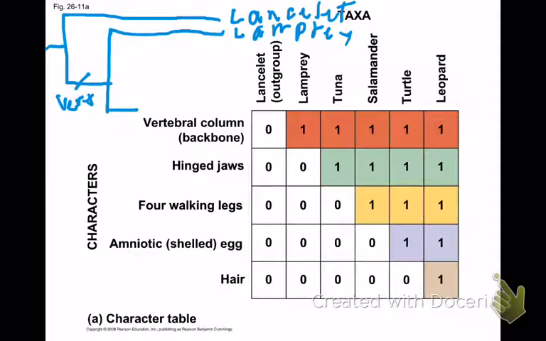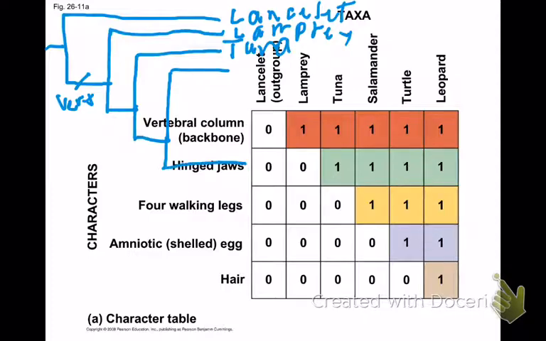The tuna does not have 4 walking legs, whereas all of the other organisms do. And then the salamander has 4 walking legs, but does not have the amnion or hair, whereas the others have the amnion and hair.